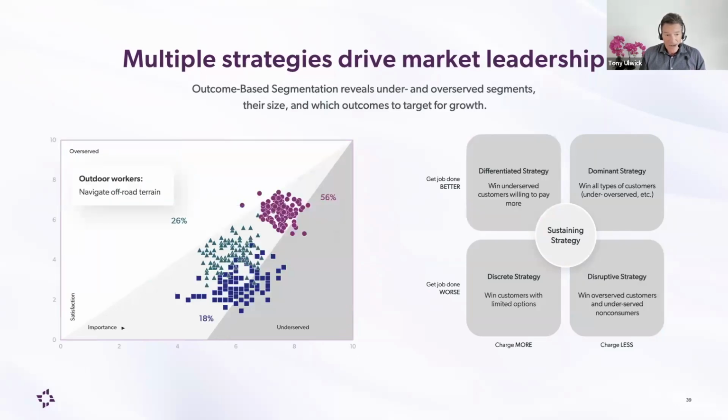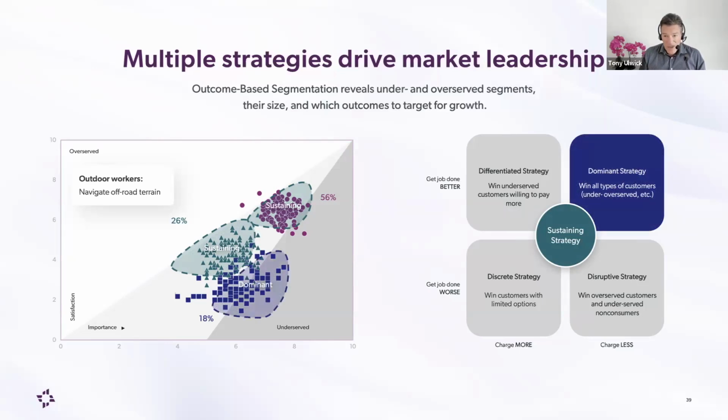This market here, this was the all-terrain vehicle manufacturer, where they ended up following sustaining strategies in these two segments where they already had 50+% market share. In this other segment, they had just 5% market share. This turned into a $150 million opportunity for them. People did not want to pay more to get the job done better. It turns out this was a group of people who were using the vehicle more like a workhorse.